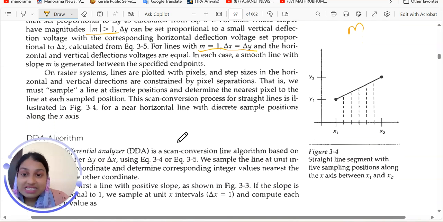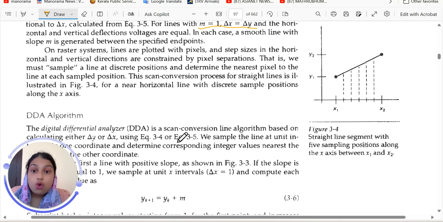Now on a raster system, lines are plotted with pixels, and step sizes in the horizontal and vertical directions are constrained by pixel separation. That is, we must sample a line at discrete positions and determine the nearest pixel to the line at each sampled position.